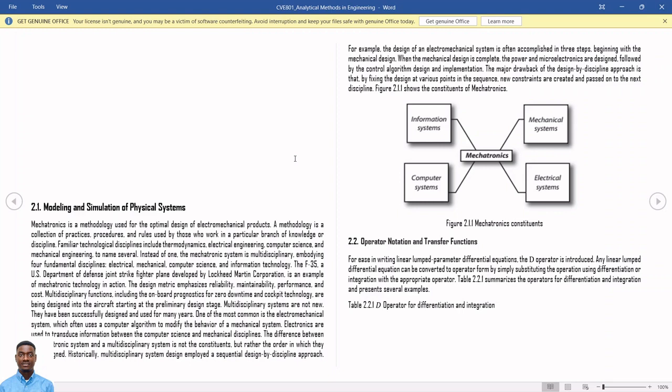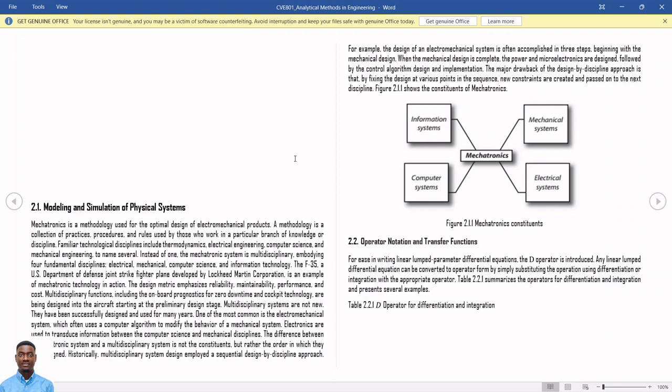Those procedures, those practices, those rules that they follow, that is what is called methodology. So methodology is not universal, it is relative to different fields and disciplines. So we have different methodology in the area of probably electrical engineering, computer science, mechanical engineering. Several disciplines have their own peculiar methodologies.